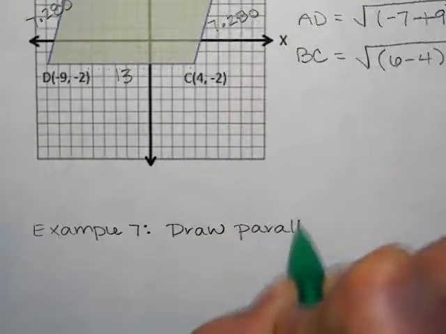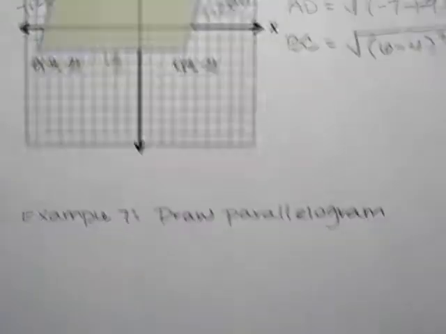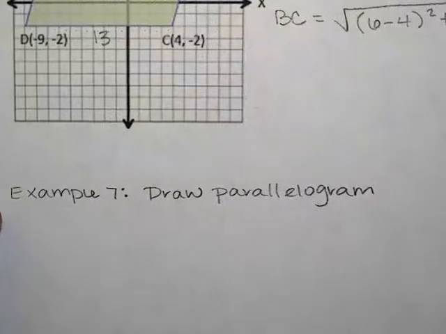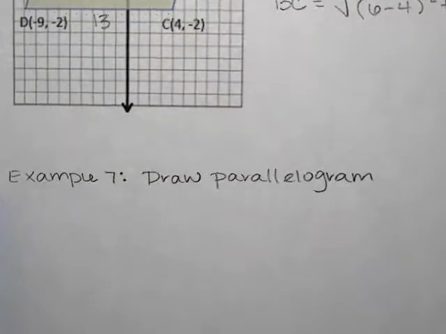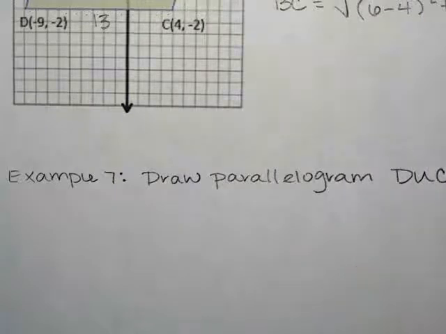Somebody give me a school-appropriate word, 4 letters long, no repeat letters. Duck. D-U-C-K. Okay, we're going to draw a parallelogram, duck. You better not change it on your papers.